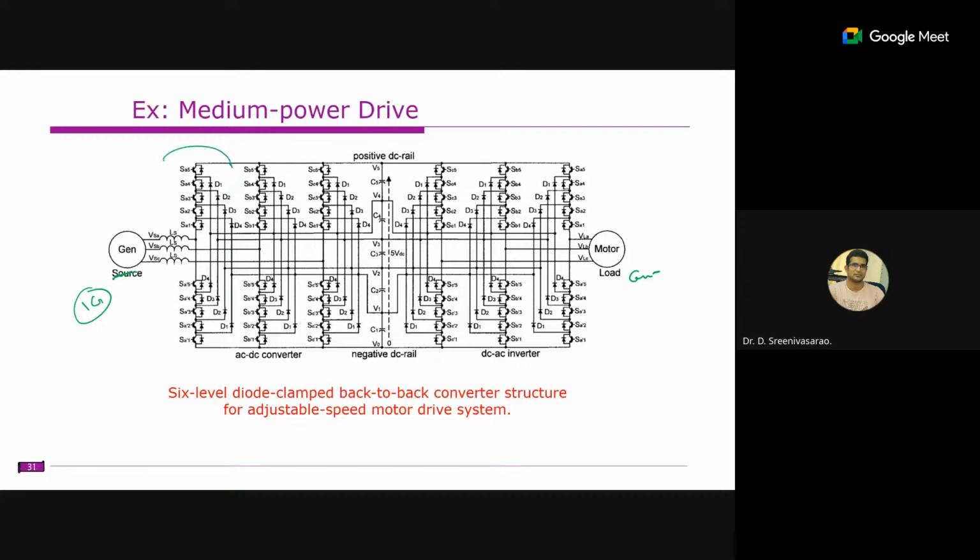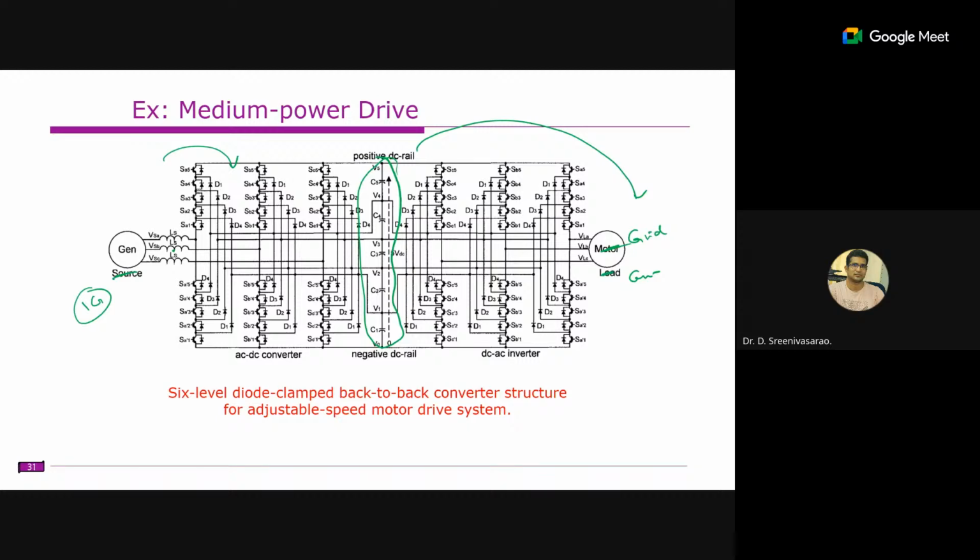This is known as the AC to DC conversion, and this is the DC link here. From this DC link, it is connected to the motor or to the grid. Now we need to properly balance these capacitor voltages. If not balanced, that imbalance is reflected on the output voltages.